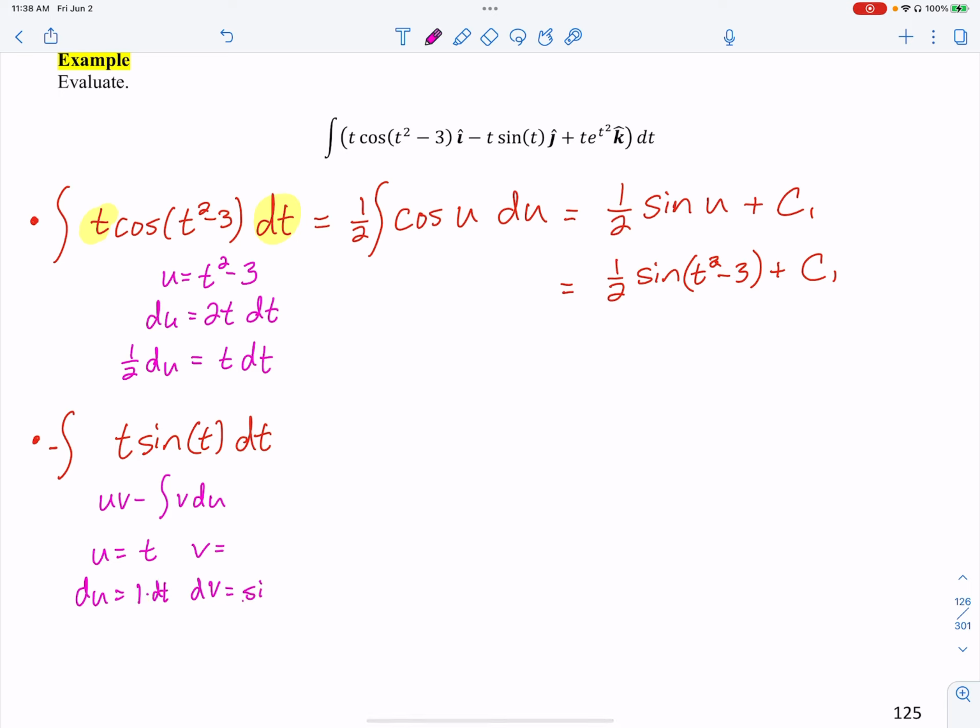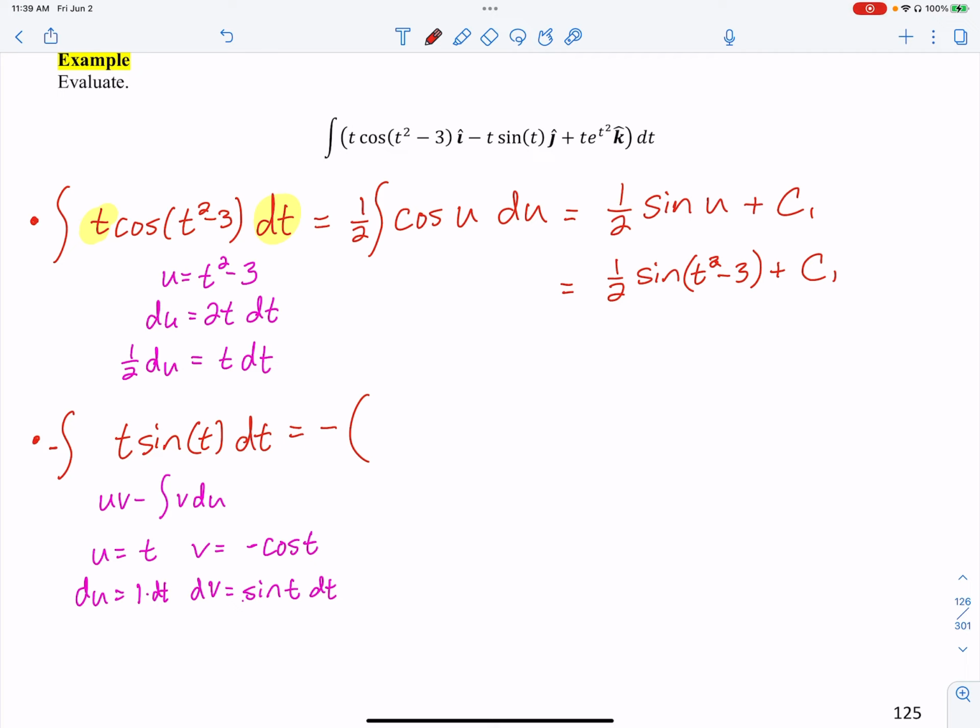Meaning I've got to put a sine here. We always do this one and this one. Take the integral to go backwards. I put the dt with that one. Sine dt, the integral is negative cosine t. And then I follow the rule. I'm going to put this in parentheses. That was the negative from way out front.